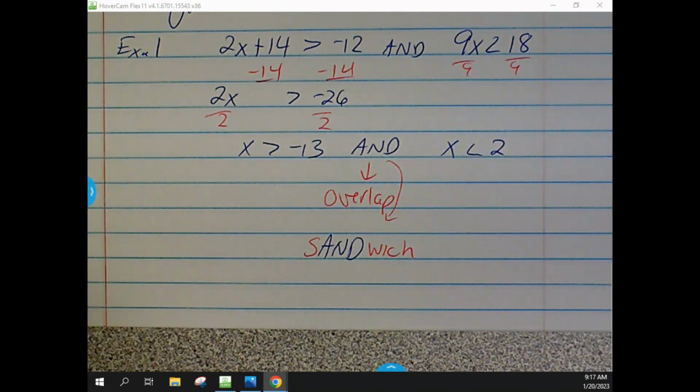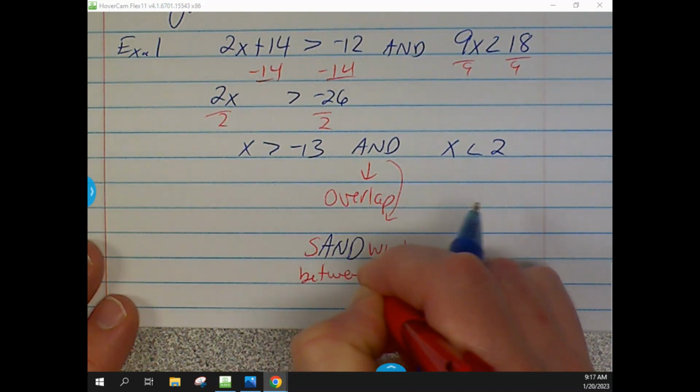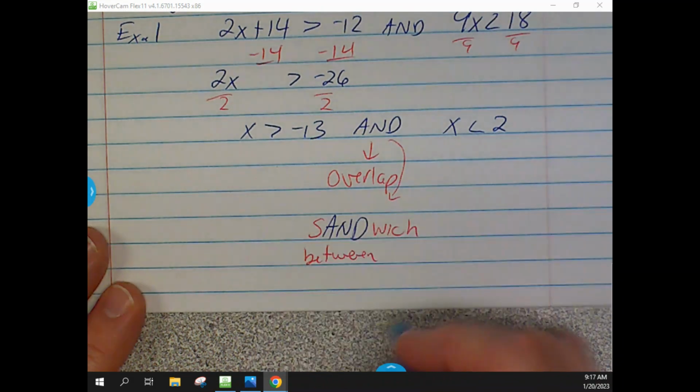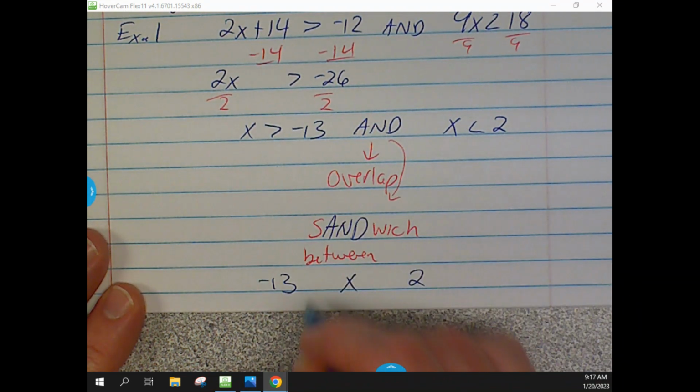Because you've got the and in the middle of it, right? So and goes with sandwich. So you're going to sandwich this graph between those two numbers. That negative 13 is the low end of it, and 2 is going to be the high end of it. So this x is going to be stuck between negative 13 and 2.